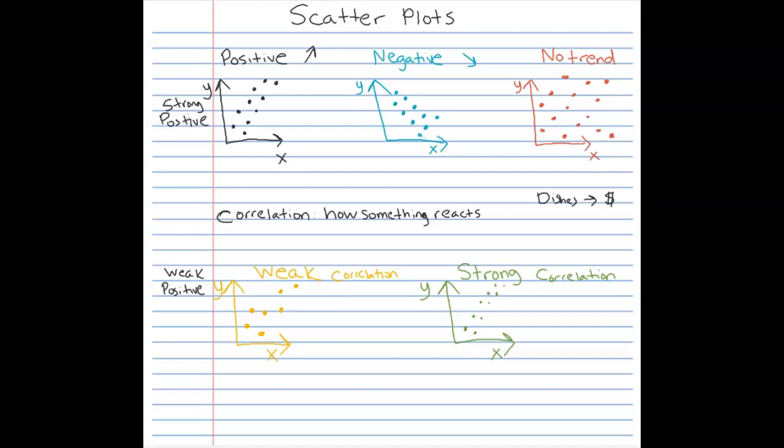Now, the nice part about a strong correlation is we are best suited to make what's called a line of best fit. Or let's just call it a best fit line.